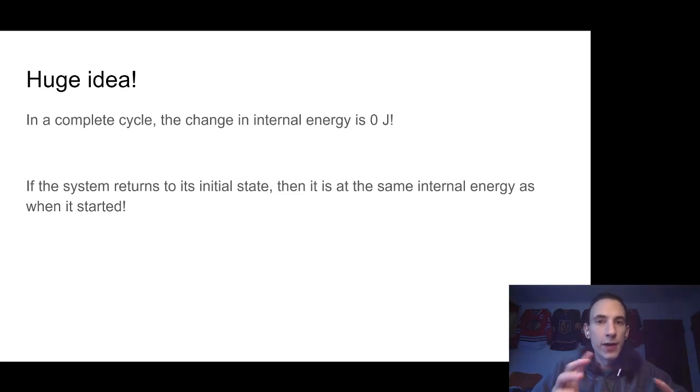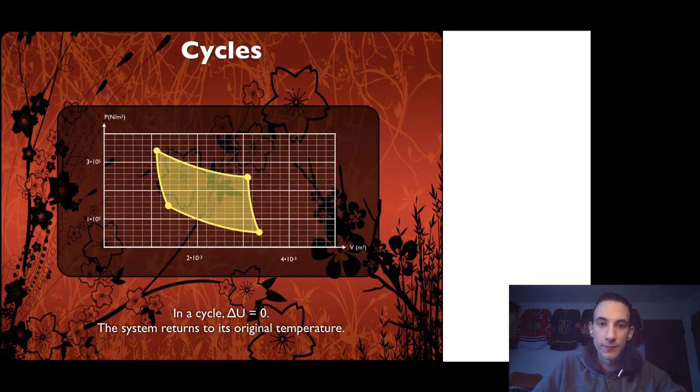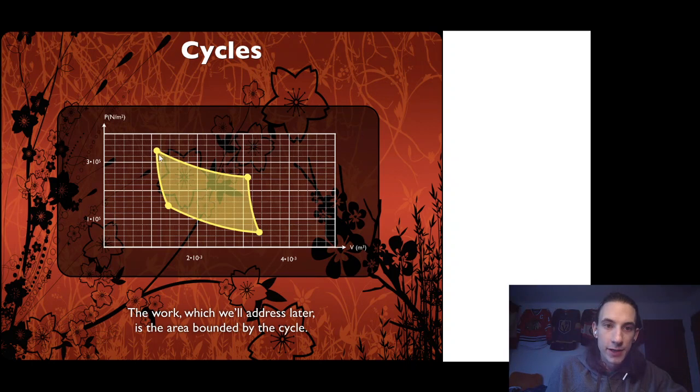If we want to change the internal energy, we have to change the kinetic energy, and to change the kinetic energy, we have to change the temperature. We're looking at PV equals nRT, where T is the temperature. If we start and end at the same location, that starting and ending point has the same pressure, the same volume, and the same amount of moles, which means if we use our gas law, PV equals nRT, it has to have the same temperature.